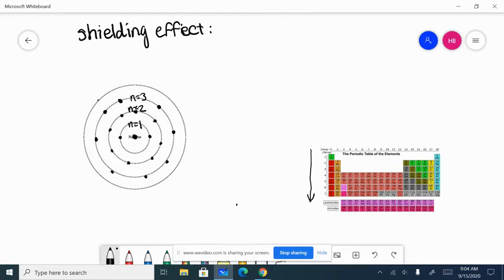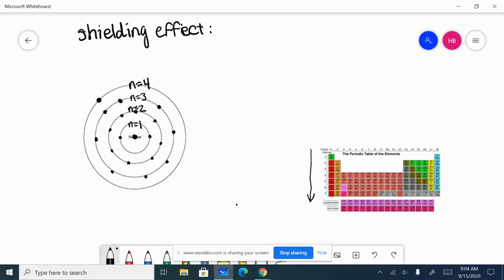Potassium is in the fourth principal energy level. He has 1 valence electron in the fourth principal energy level. This time, there are 3 full energy levels shielding this valence electron from the pull of the protons in the nucleus.